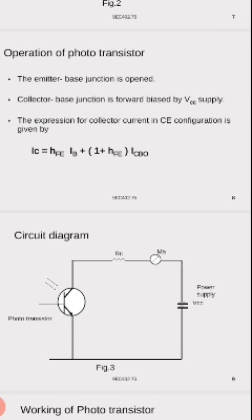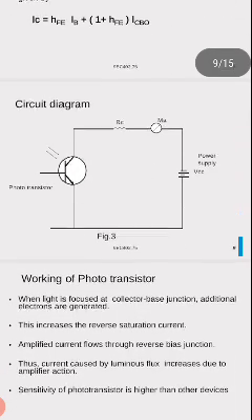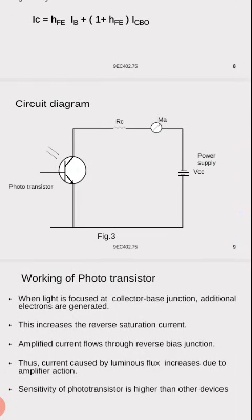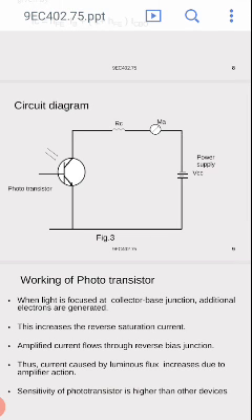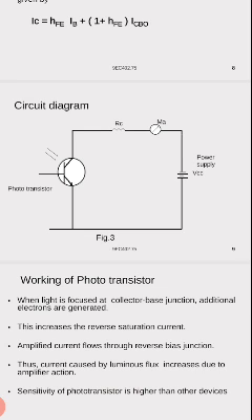Now, working of phototransistor. When light is focused at collector base junction, additional electrons are generated. This increases the reverse saturation current.